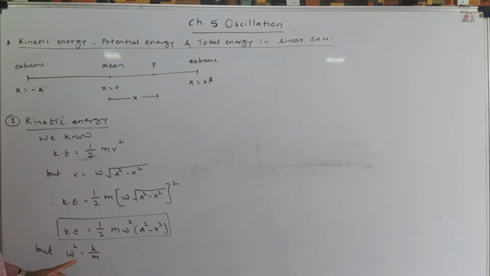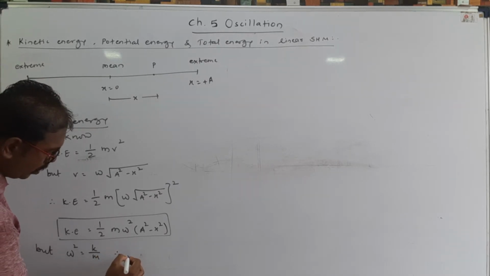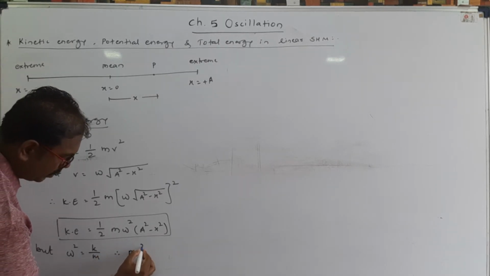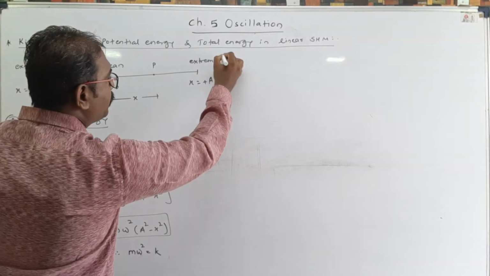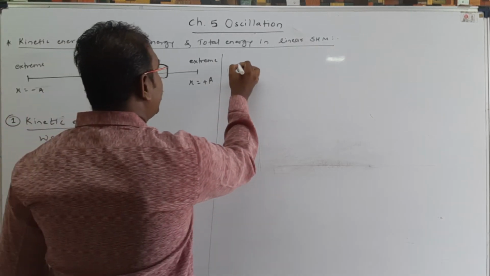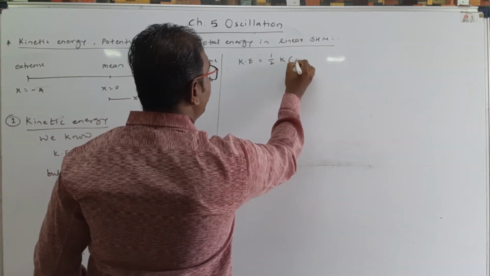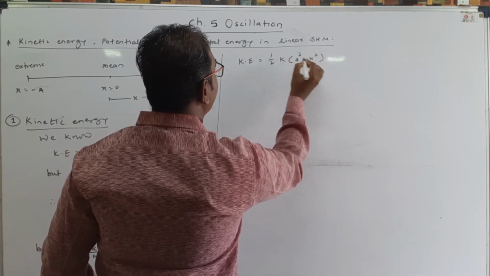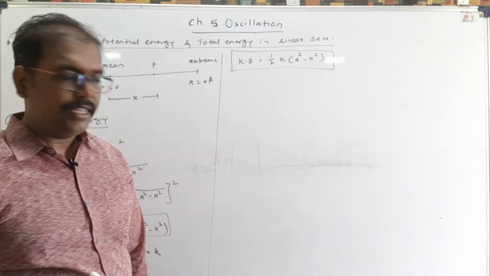Hence this m omega square is k. So instead of m omega square, I can write k. Then we get kinetic energy is equal to 1 by 2 k in a bracket a square minus x square. This is the expression for kinetic energy.